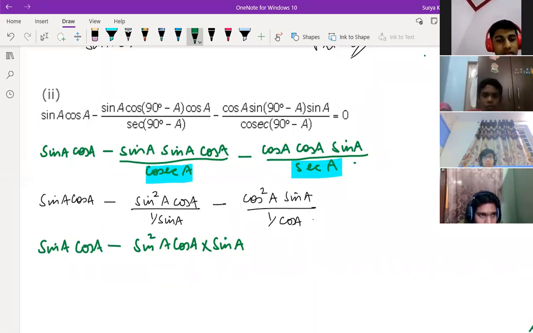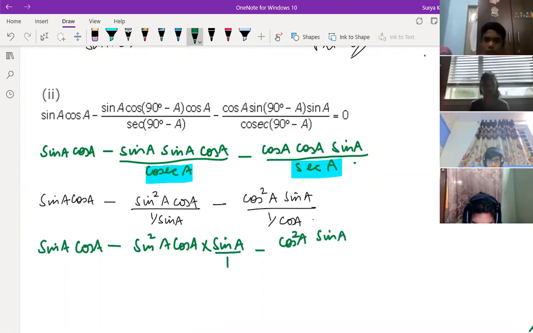Yes, sir. What I'm trying to say to children is that we are taking the reciprocal. If you take the reciprocal of 1 by sin A, sin A will come up. It means the denominator is here 1 minus cos square A into sin A multiplied by cos A, again divided by 1. Is it clear, children?